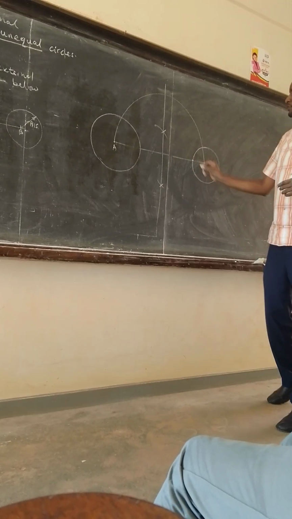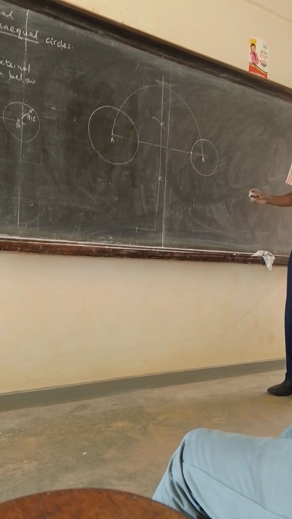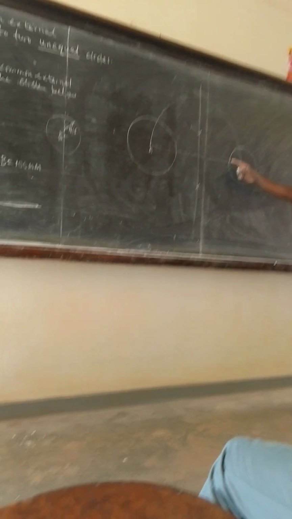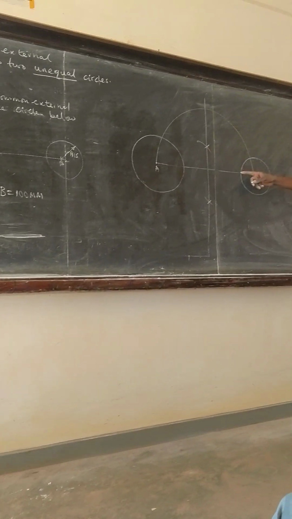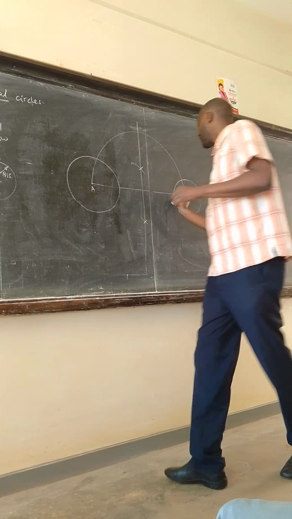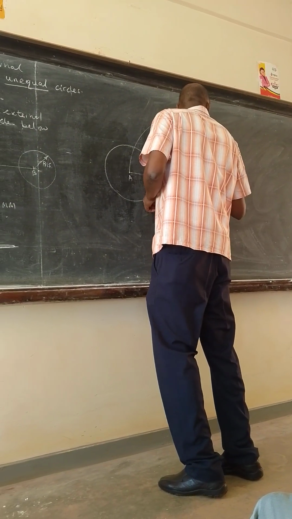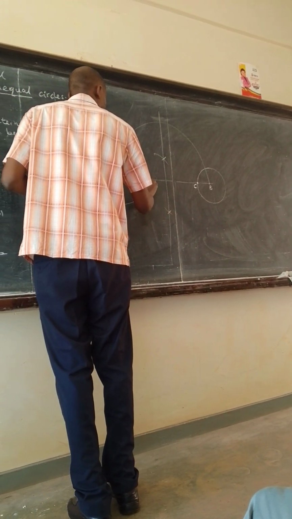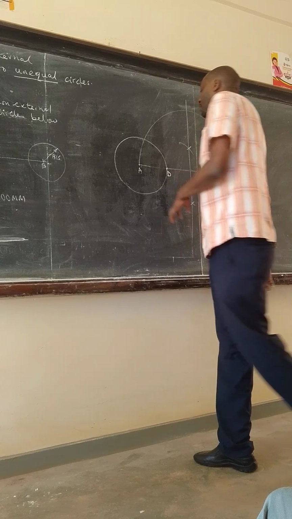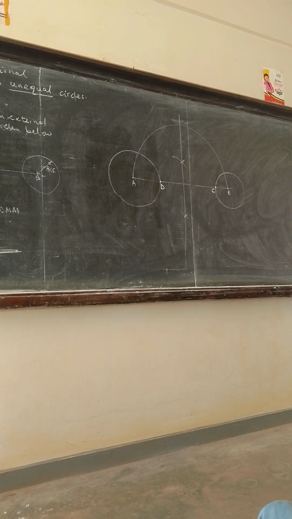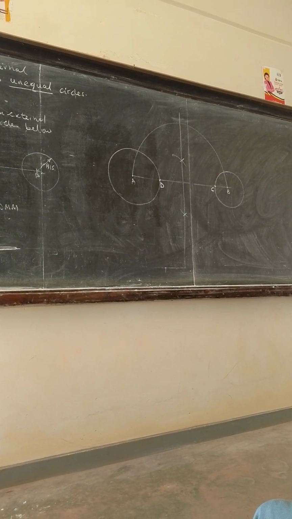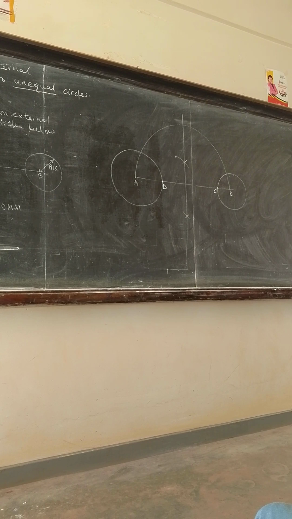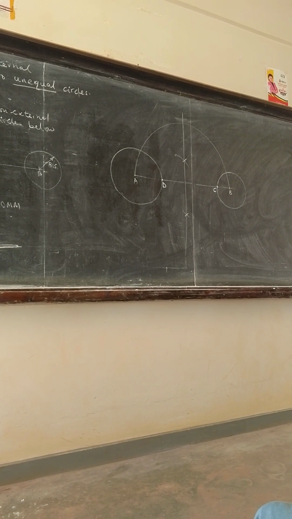For purposes of explaining the next step, I will request you to name some 2 points here. Let's focus on C. That point, then we call this one E. After bisecting, you name those 2 points, one on the small circle, one on the big circle.